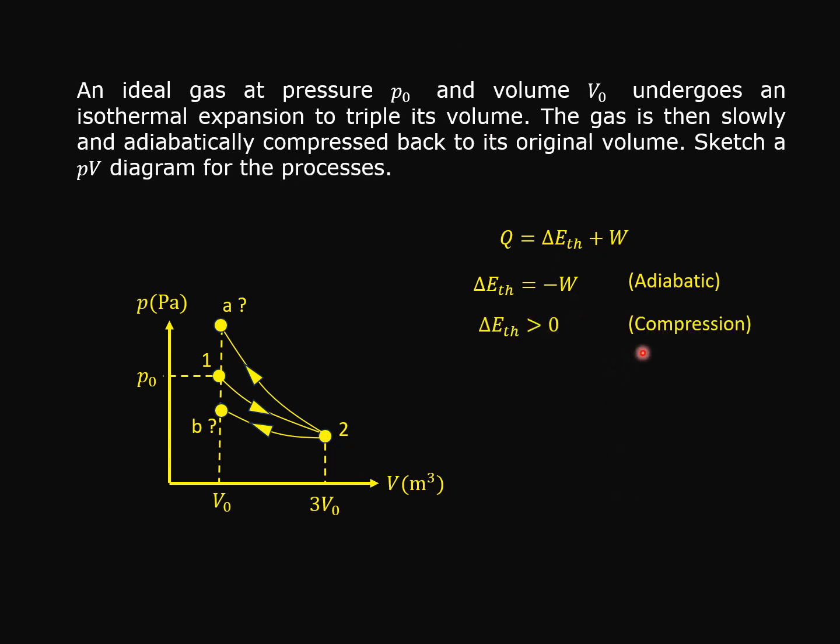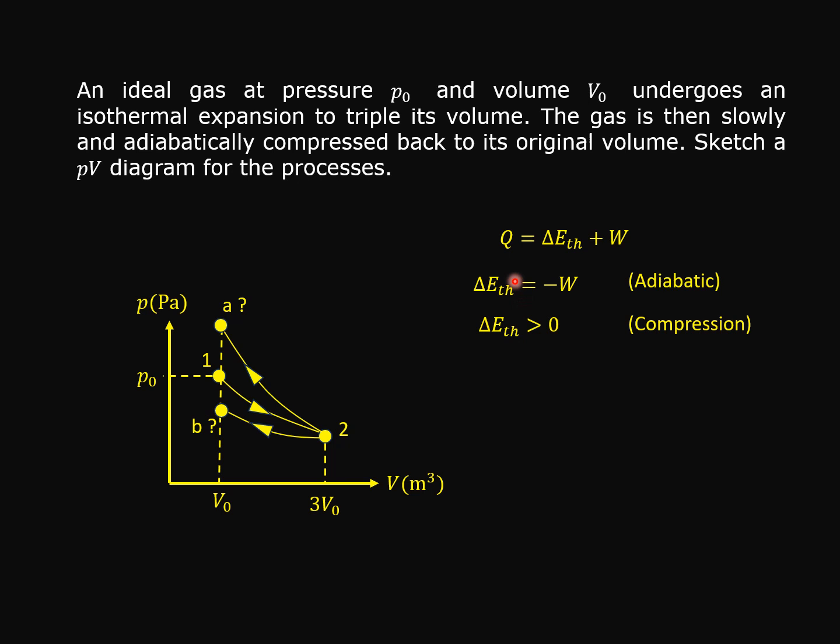But because the gas is compressed, the work done by the gas is a negative value. W itself is a negative value. So a negative value of W multiplied by a negative will have a positive value on the right hand side of this equality sign.